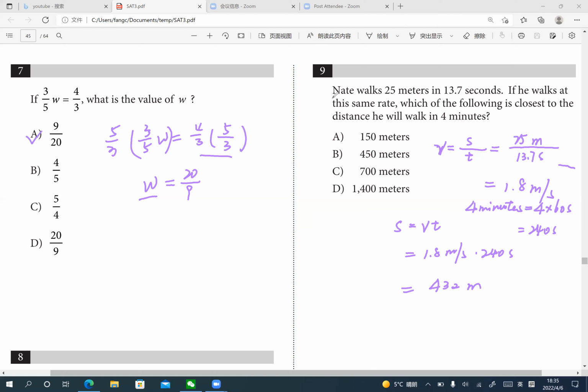From the first sentence, we know Nate walks 25 meters in 13.7 seconds. So velocity equals 25 meters divided by 13.7 seconds, which is about 1.8 meters per second.